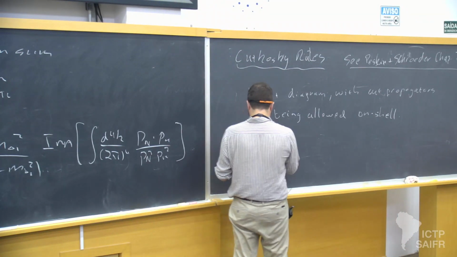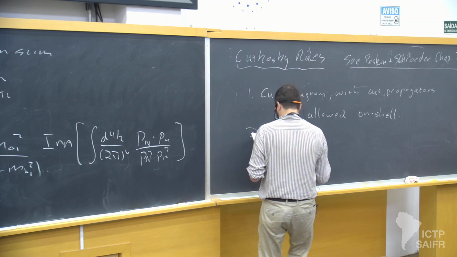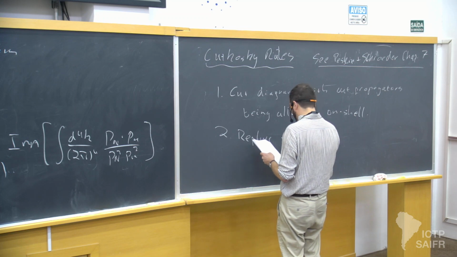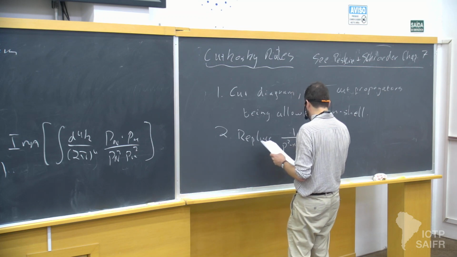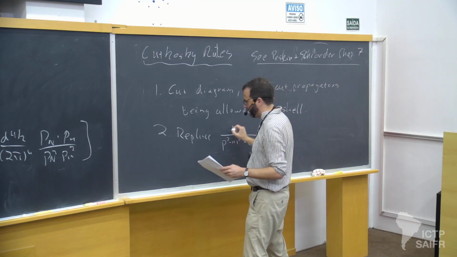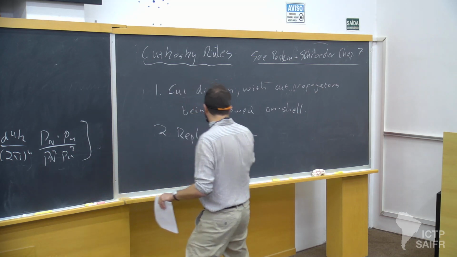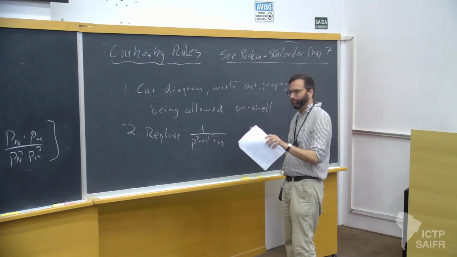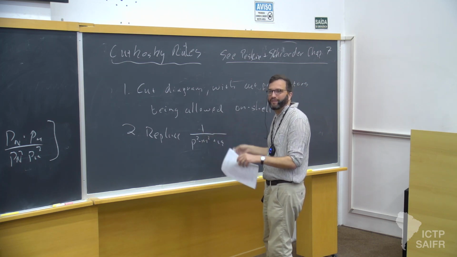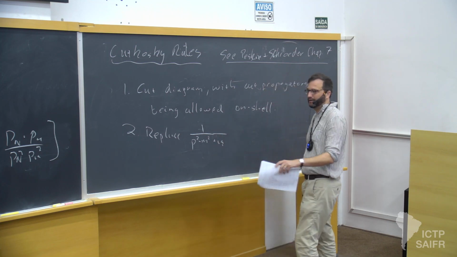Number two, you replace the denominator part of the propagator. In the scalar case, this is the propagator, but there's an i on the top. In the fermionic case, you start off with 1 on p-slash minus m, and then multiply by p-slash plus m on the top and the bottom. You get a p-slash, and then you just get this on the denominator like we have here.